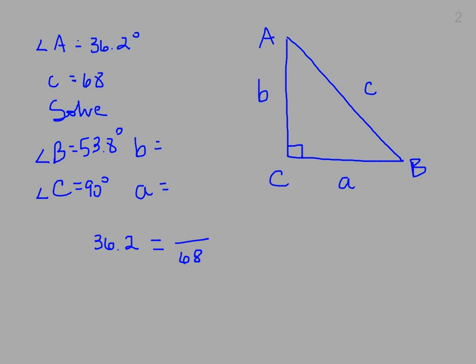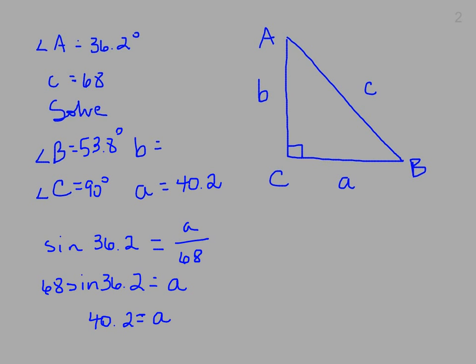Well, angle A and side A are opposite of each other, and opposite and hypotenuse means I'm going to use the sine function. And all I have to do now is multiply both sides by 68. Put this all into my calculator, and that will give me the value for side A, and it turns out that side A is, it's not degrees, it's the length of 40.2. So I'm going to fill this in right here.